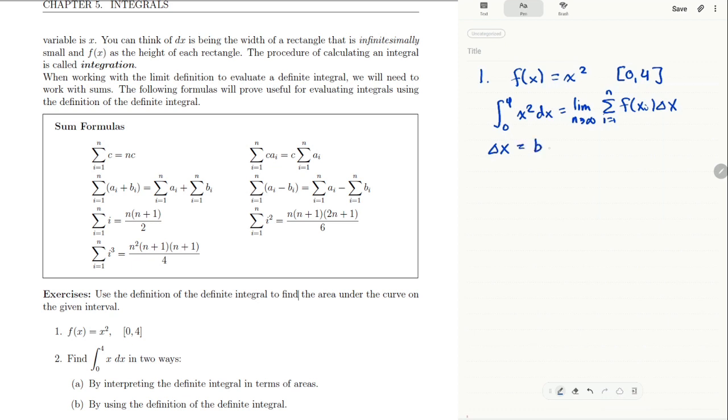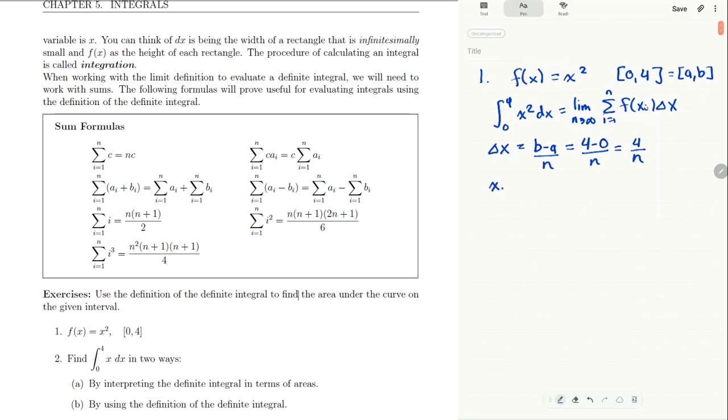So delta x is given by (b minus a) over n. So here we're working on the interval from 0 to 4. And so delta x will be 4 minus 0 divided by n, which can be simplified to 4 over n.